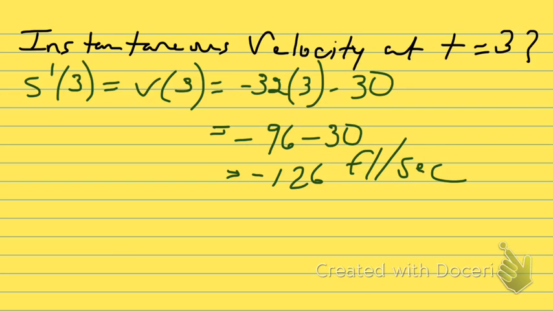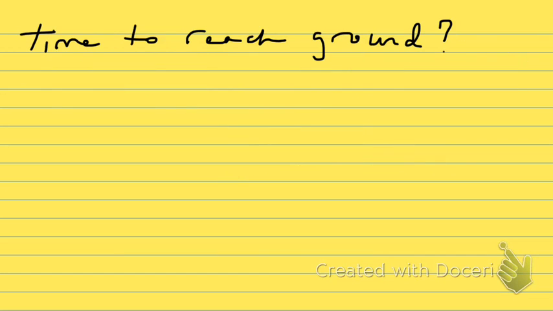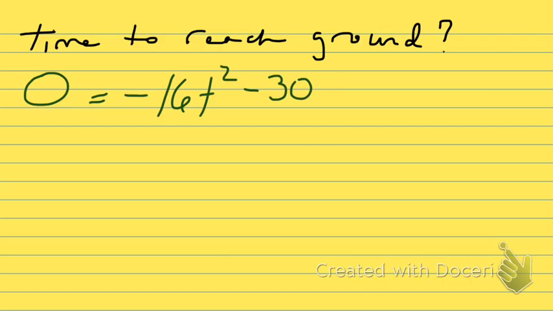Another question, how long does it take to reach the ground? Well, at the ground, the position, s of t, is 0. So we set that position function equal to 0, just like you did in algebra. Now, this is not factorable.